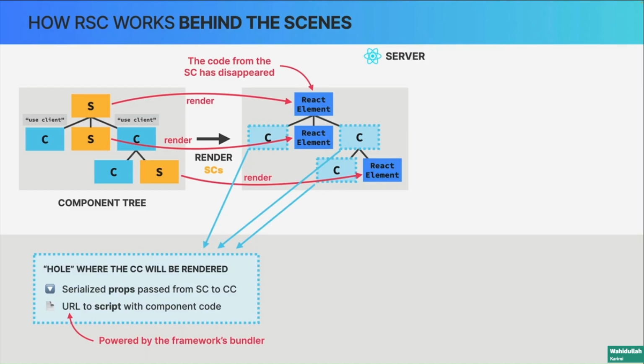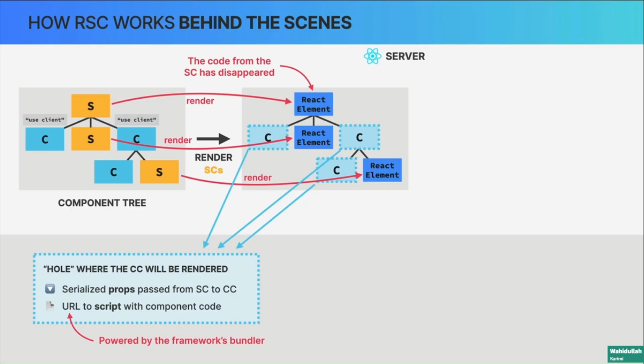But anyway, again, client components won't be rendered on the server, and therefore we need a way to pass them onto the client. And what information is necessary for that? Well, exactly what we just described. First, the props that they received, and second, the code to actually run the components on the client. And so that's exactly what each of these placeholders will contain.